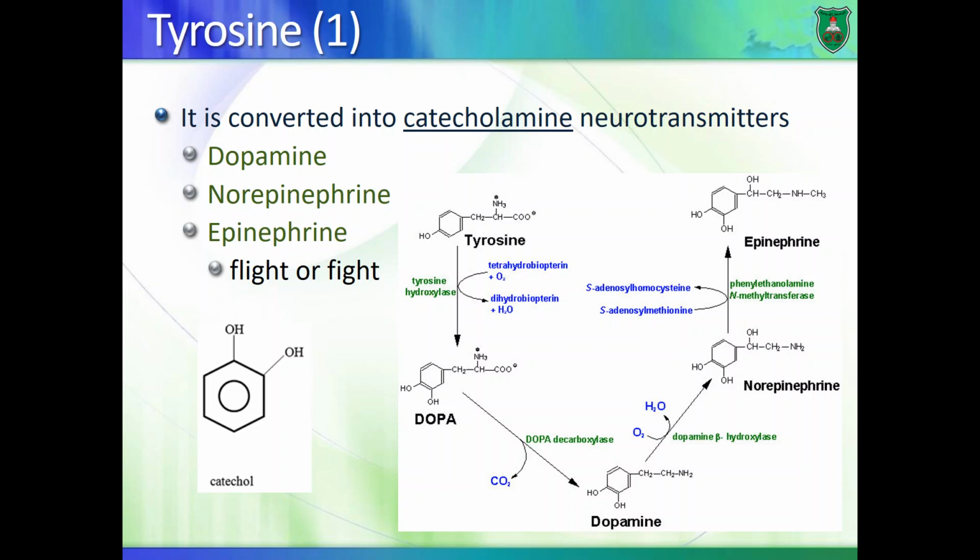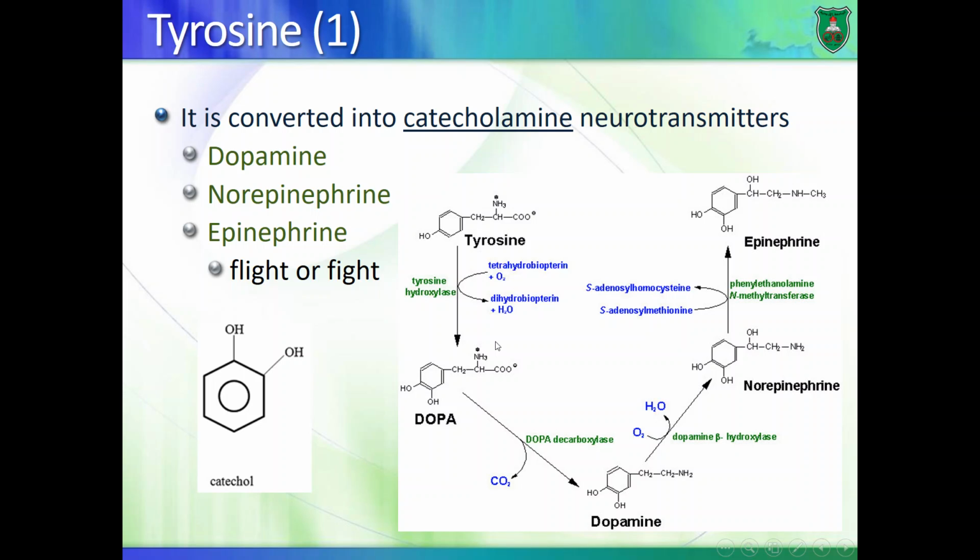So, starting with tyrosine. Tyrosine is a precursor of 3 important neurotransmitters, and these are dopamine, norepinephrine, and epinephrine. Epinephrine is the same as adrenaline, that is responsible for the fight or flight response. Now, these 3 neurotransmitters are known as catecholamine neurotransmitters or catecholamines, since they have this catechol moiety as part of their structures.